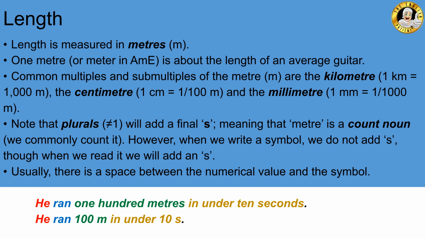So here, for example, he ran 100 meters. Now, this is not equal to 1, so it's going to be meters with an S, in under 10 seconds. Or he ran 100 m in under 10 s. Those would be the numerical forms. But when we read it, we'd still read he ran 100 meters in under 10 seconds.